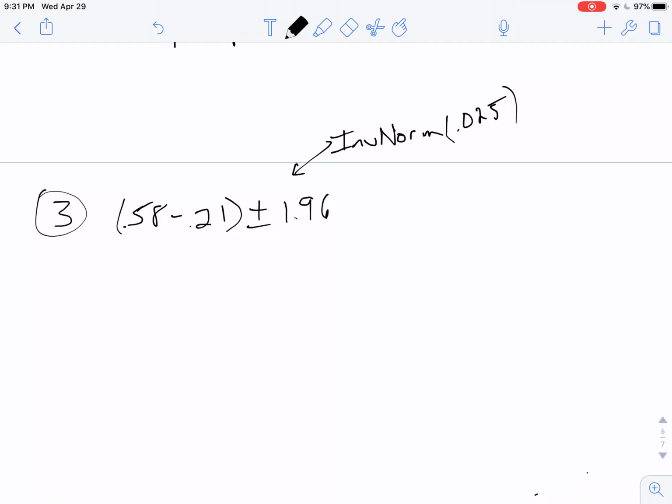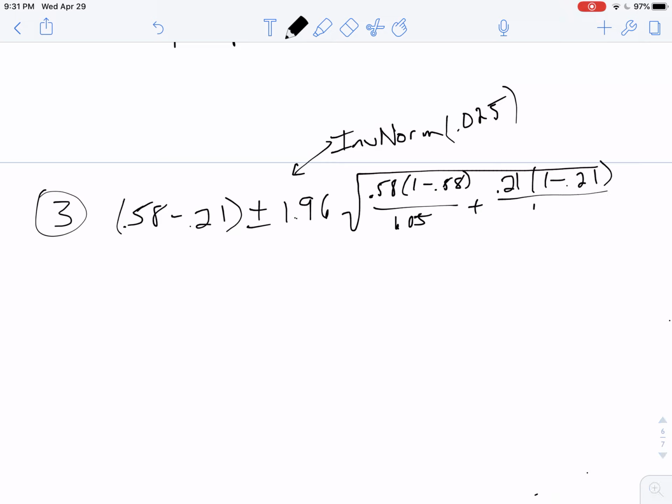So that goes in that position after that plus or minus sign. And then we have our big standard error formula. So it's going to be 0.58 times 1 minus 0.58 over 605, and then plus 0.21 times 1 minus 0.21 over 195. Okay, so I got all that plugged into my formula.